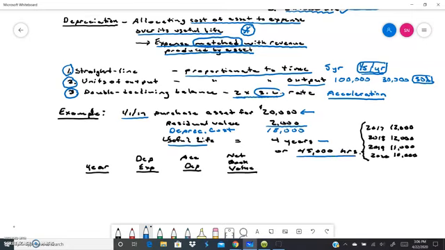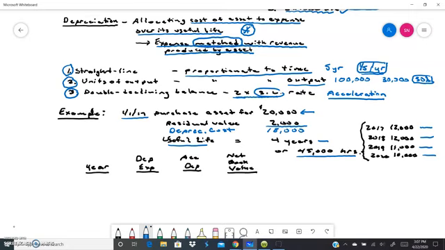That could be miles, it could be hours, it could be some other type of measure. And the 45,000 hours, we're just going to assume that they occur at these levels for these 4 years. Now, obviously, you would need to wait each year to see how many actual hours that machine ran before you could compute the depreciation expense.